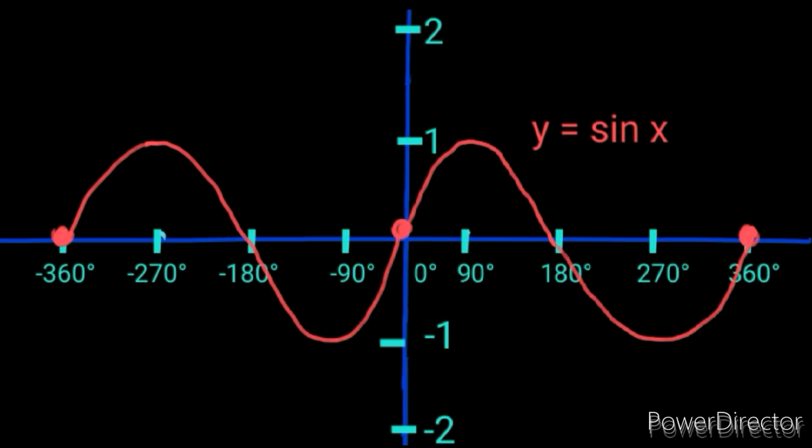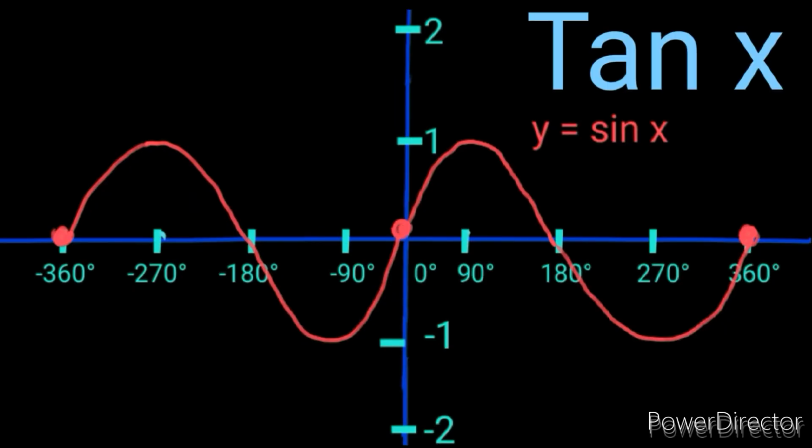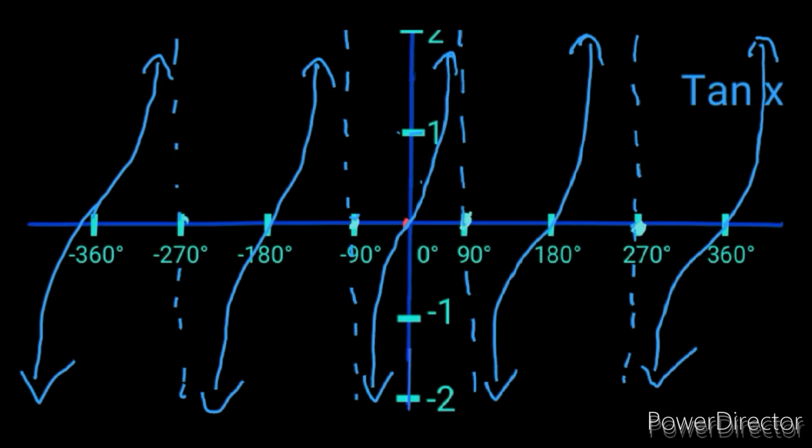We're going to talk about what the parameters affect, but before that, let's also talk about the tan graph. This is how the tan graph looks. The tan graph is different from the other two trigonometric ratios. The tan graph has this S shape. The tan graph has asymptotes at intervals of 90s and 270s.